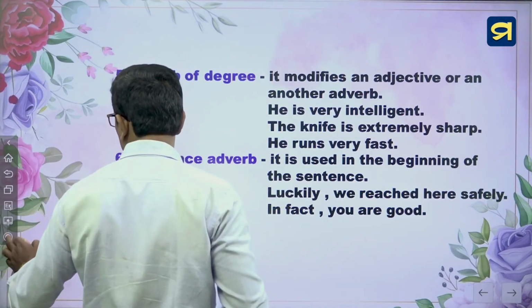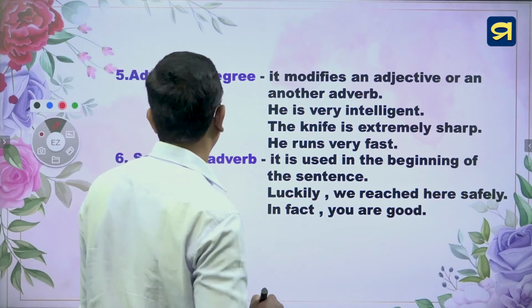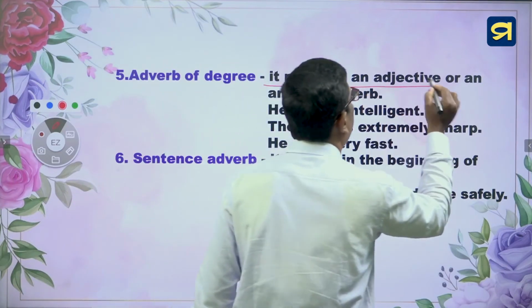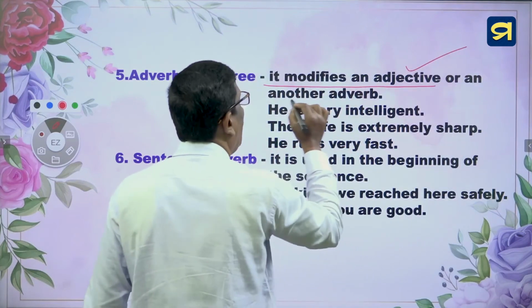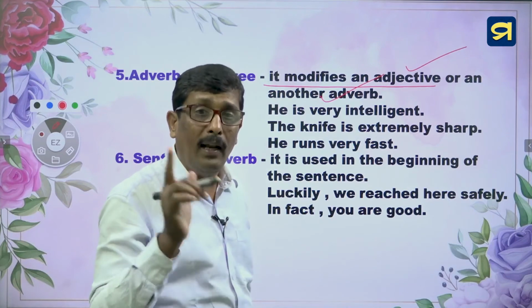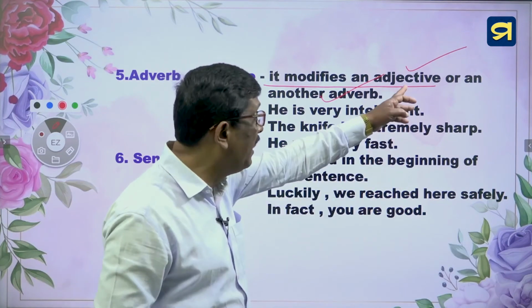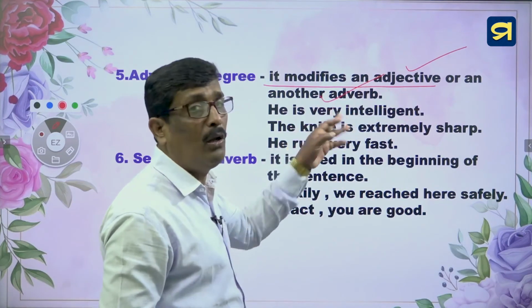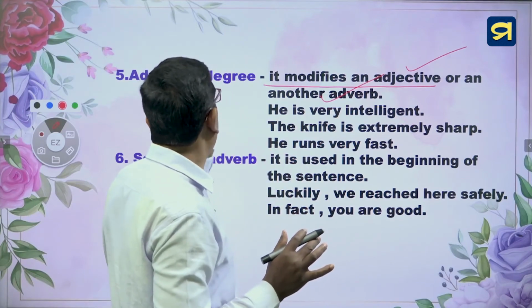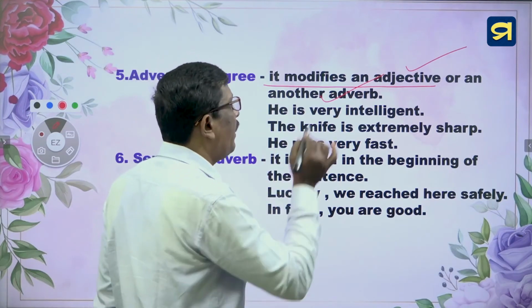Then we will discuss adverb of degree. Adverb of degree means it modifies either an adjective or another adverb. When a word modifies either an adjective or another adverb, we can say that it is an adverb of degree. He is very intelligent.